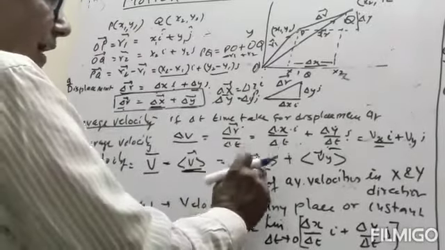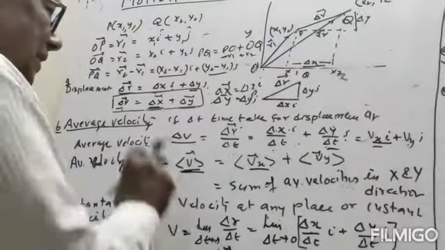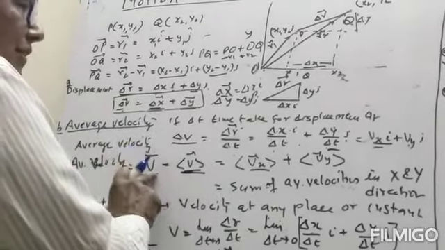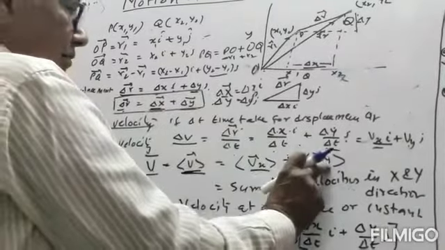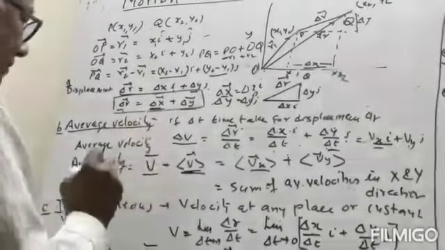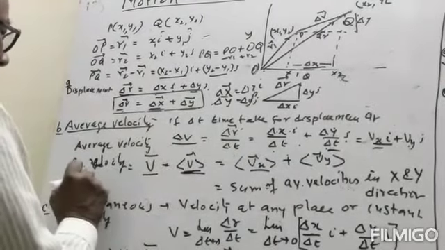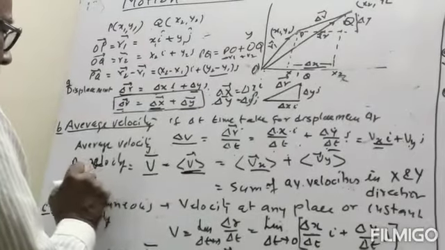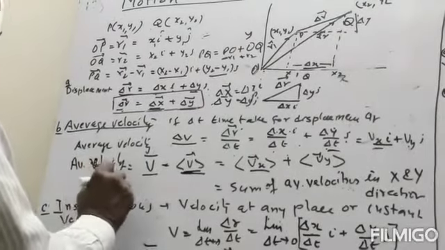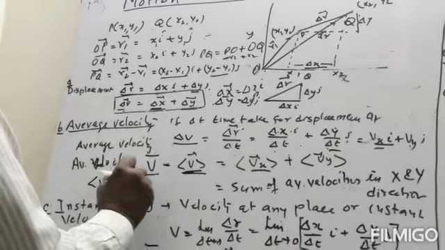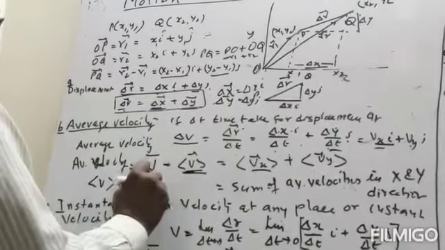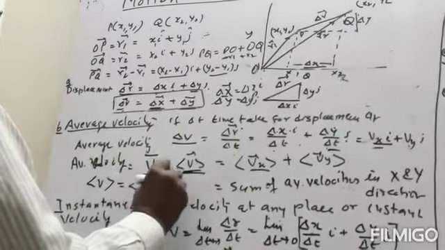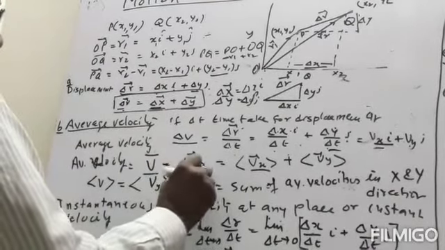Suppose we are in the x and y plane, then the average velocity will be equal to the average velocity in the x direction plus the average velocity in the y direction. If it is in the yz plane, then the average velocity will be equal to Vy plus Vz.